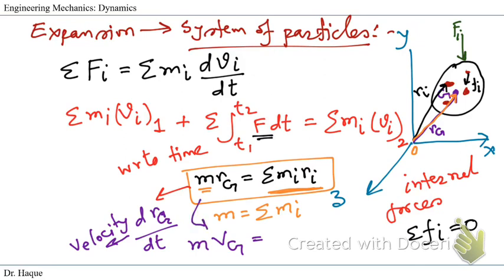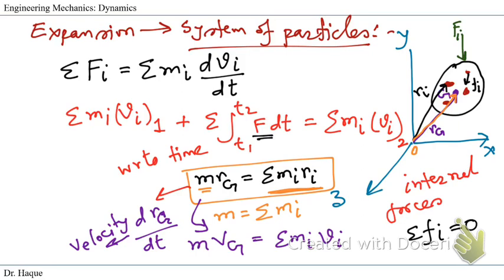So from here, by taking the derivative with respect to time, mass times v_G, the velocity of the center of mass of the body, equals the summation of mass, which is constant, times the velocity of each of the particles.